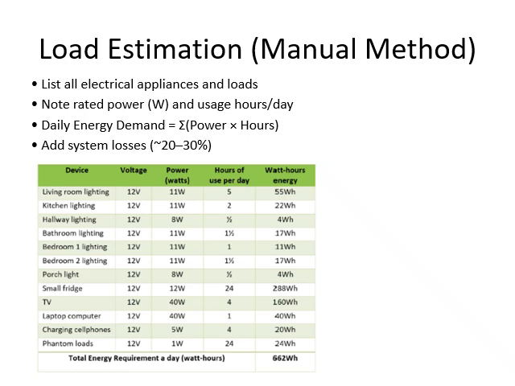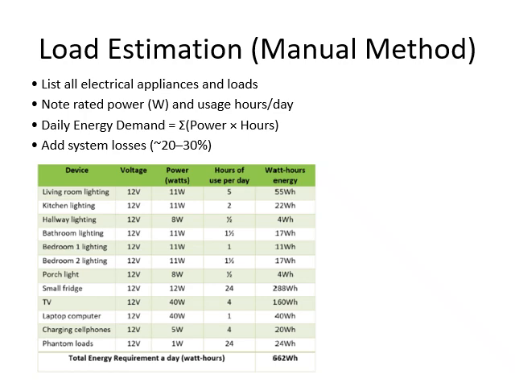For example, if you are using an air conditioner in summer, you have to know its power rating and for how long you run it. Then you multiply the wattage by the hours and you get the watt-hour energy. So the daily energy demand will be the sum of all these watt hours from different appliances.